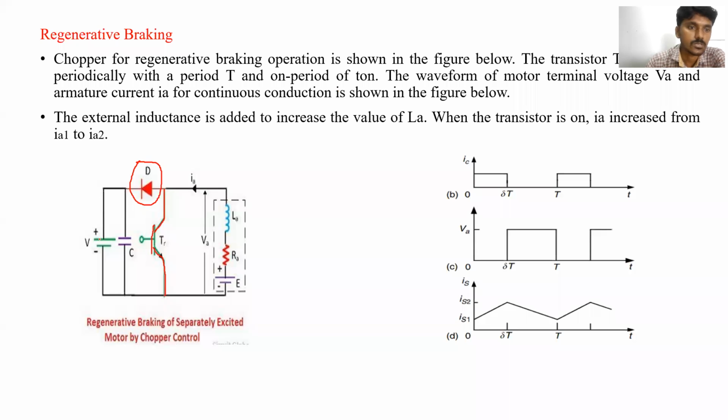So there is no chance to give the supply voltage to the motor terminals. Clear? So how is this circuit operated?